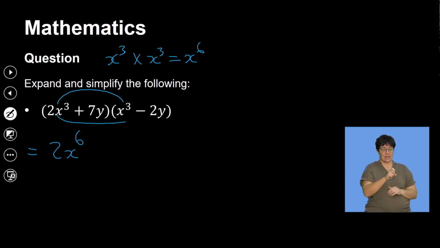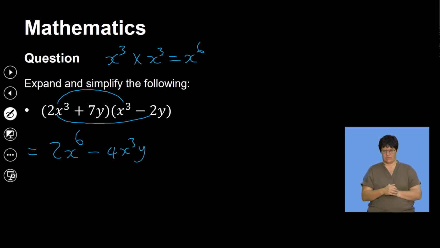Then 2x cubed multiplied by minus 2y will give me negative 4x cubed y. Someone can ask, why am I starting with the x and not the y? Because remember, mathematically, we always follow the alphabetical order when it comes to the variables.